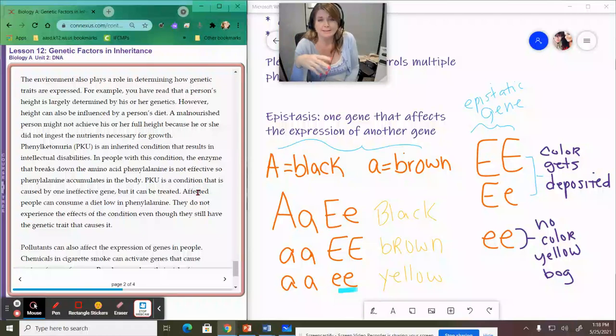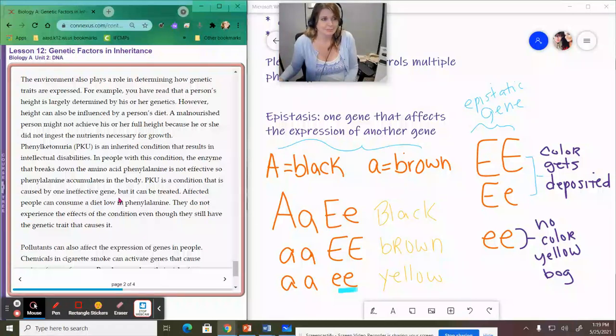So exposure to toxins, not having a very good diet, so being kind of malnourished during development, all of these things can affect if and how genes are expressed and can affect the outcome of an organism. Maybe that organism doesn't grow very tall because it didn't have a lot of nutrients as a developing embryo or in the early stages of development. So there are also environmental factors that can affect gene expression.